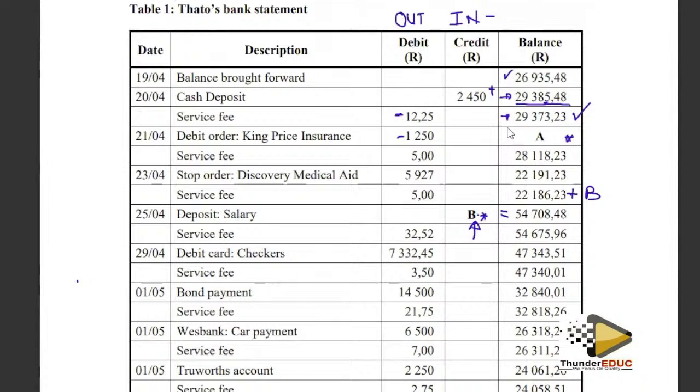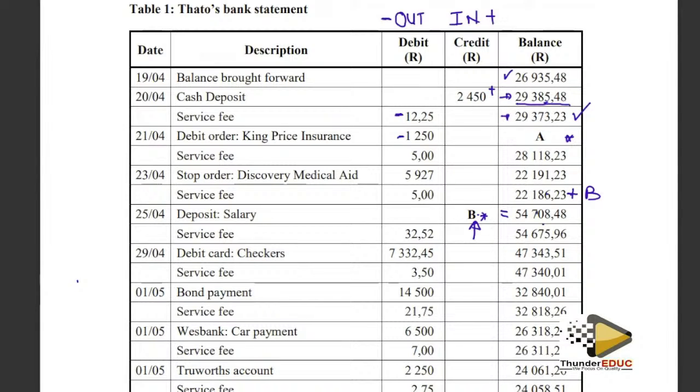Here we are saying we are adding. Here out, we are subtracting. So B plus this should give me this, simply meaning what number was added onto 22,186 rands 23 cents to give you 54,708.48.